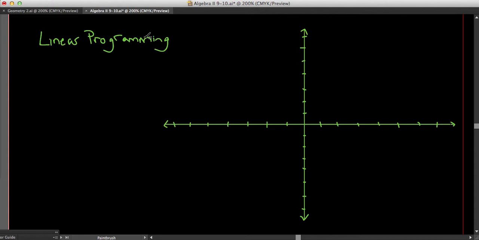So if we're given a set of constraints, let's say x must be greater than or equal to 2, y must be greater than or equal to 3, y also must be less than or equal to 6, and then x plus y must be less than or equal to 10.